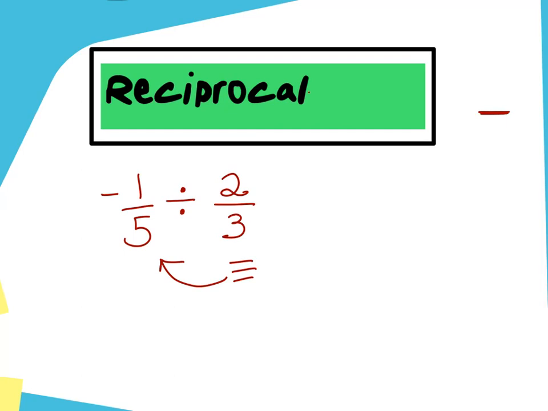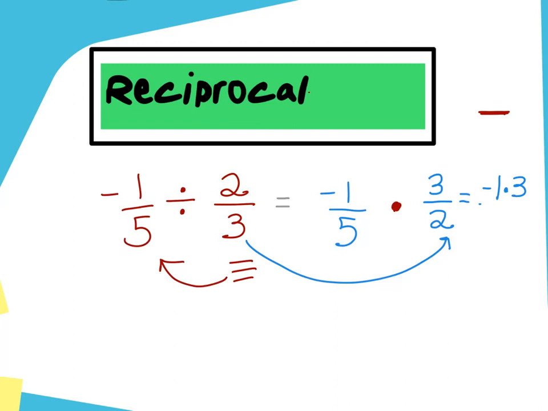So let's turn this into a multiplication problem by taking the first term and leaving it alone, making the second term, the divisor, into its reciprocal by turning the fraction upside down, and then changing the division sign into a multiplication sign. Then we treat that as we would multiplication. Negative 1 multiplied by 3 above 5 multiplied by 2. If I simplify that, I get negative 3 over 10.